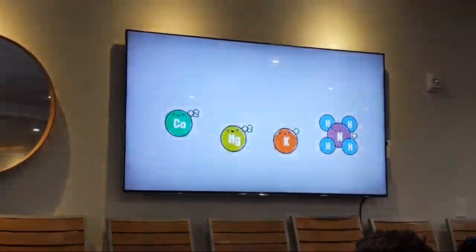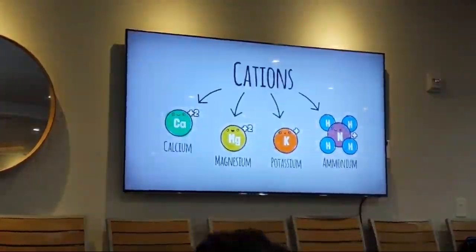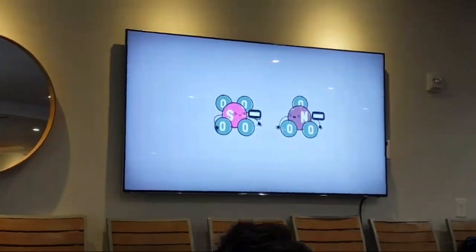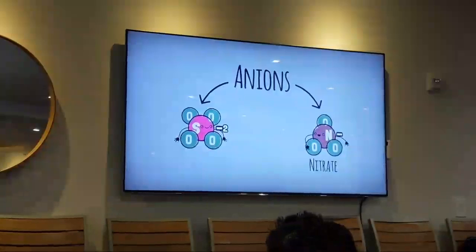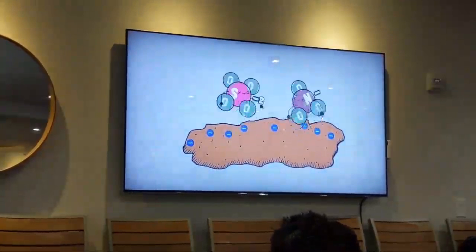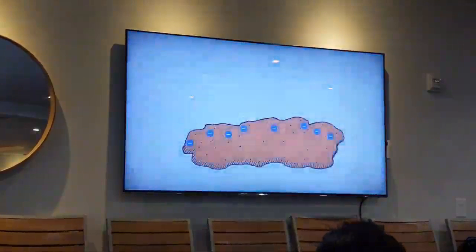Whether they're held tightly or not, the nutrients are available to the plant in exchange for other cations. Not all nutrients are cations, however. Some are actually negatively charged compounds, or anions. Since anions, like nitrate or sulfate, have a negative charge, they are unable to attach themselves to negatively charged particles, and as a result, leach out when watered.